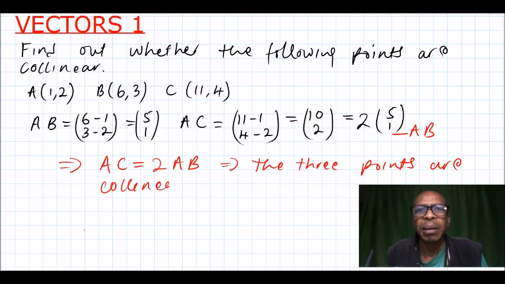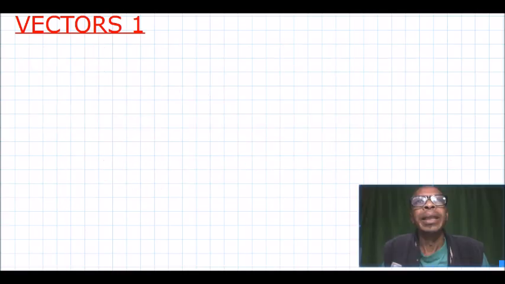Meaning what? They lie on the same straight line. And if you plot them, you'll be able to see that they lie on the same straight line.